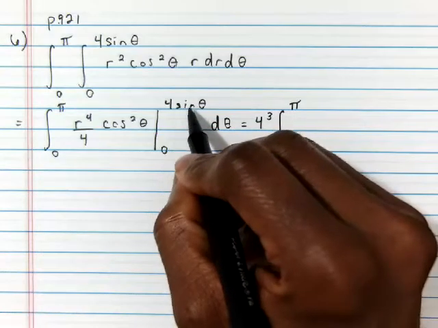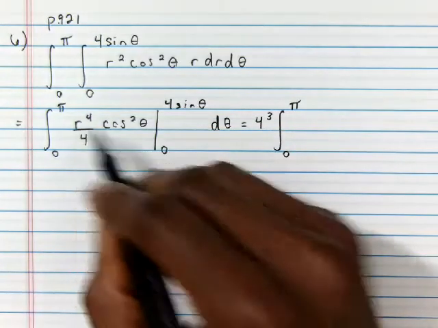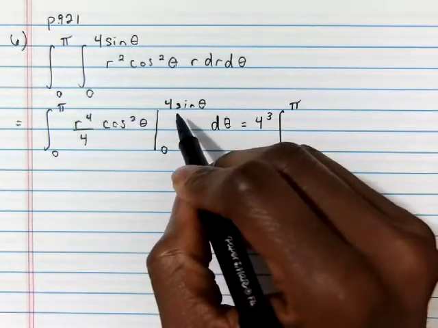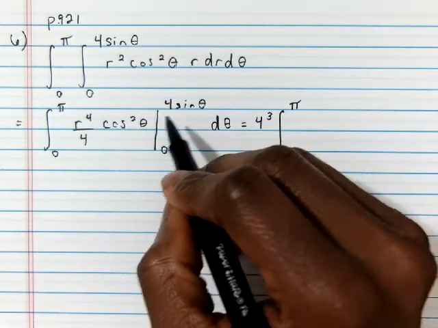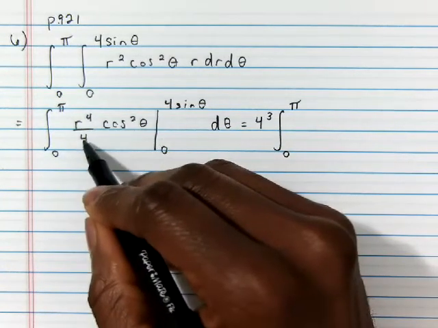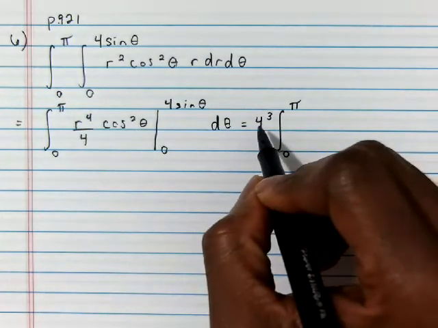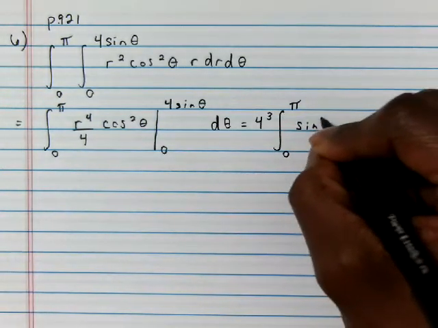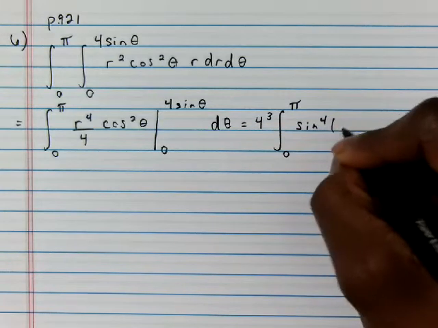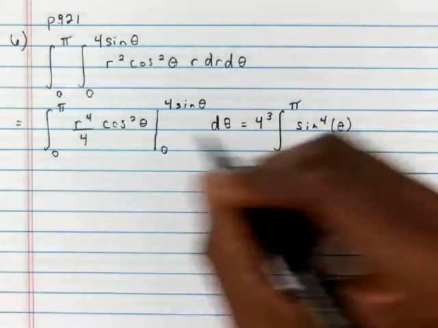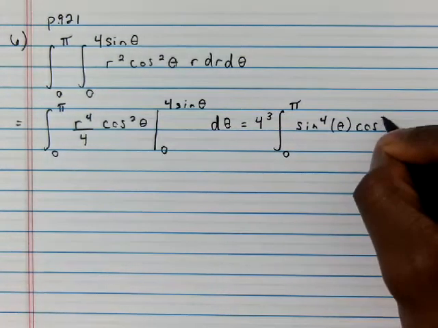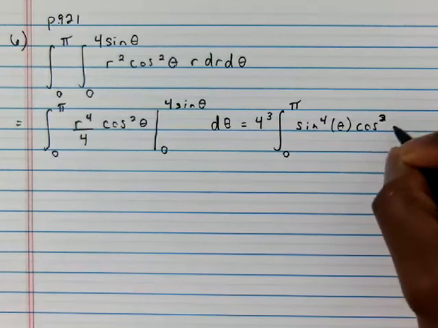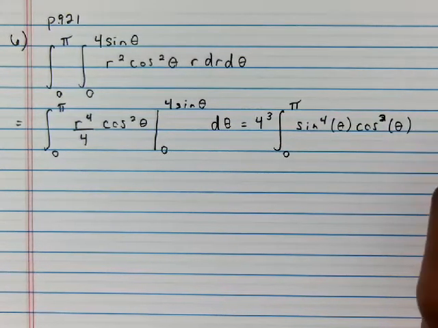When I put in the sine, I handled the constant separately, so the over 4 is gone. So it's just sine to the 4th of theta, times cosine squared theta.